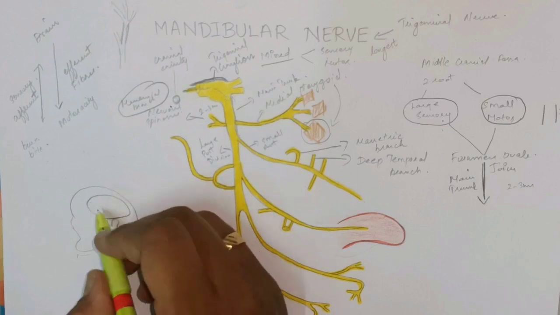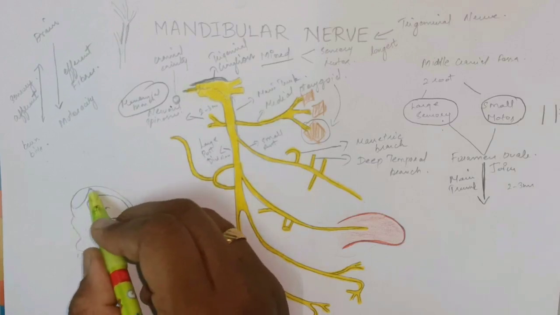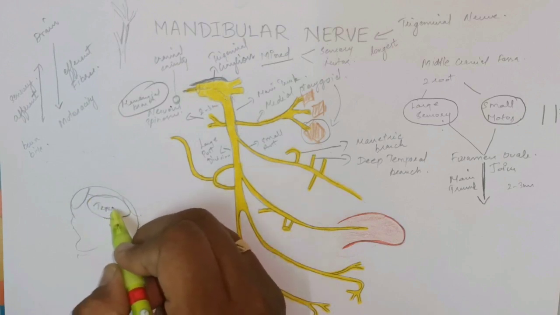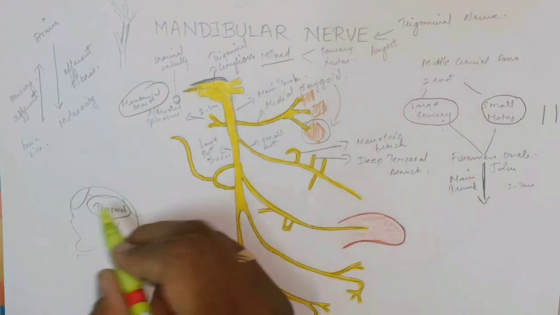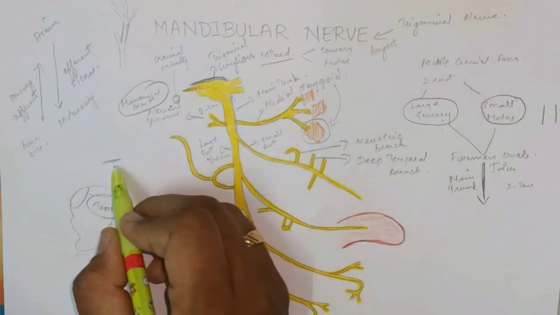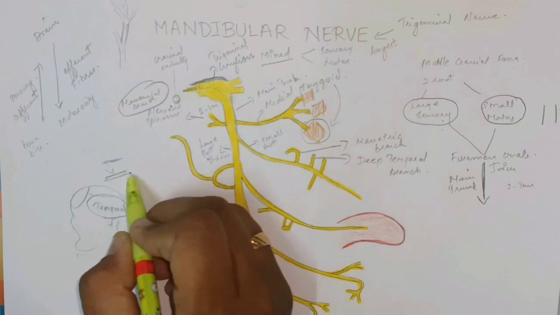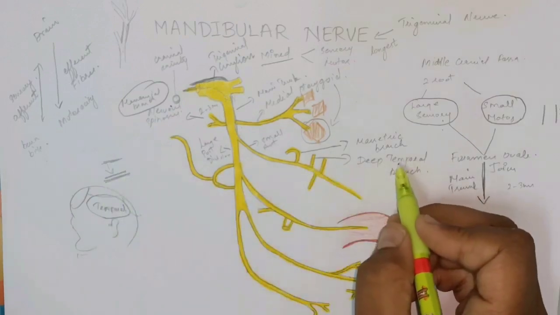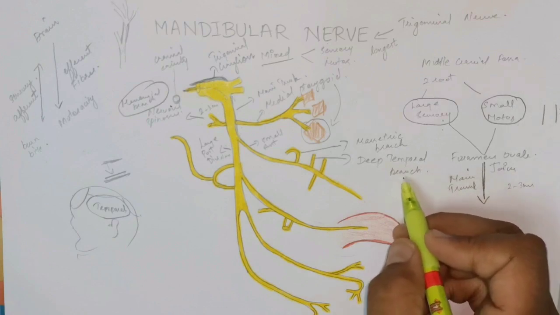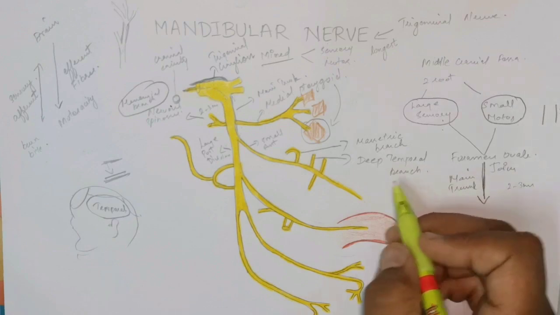This is called the temporal region, and this is your frontal, parietal and occipital region. If it is above, that is the superficial region. Below that you have the deep portion. This deep temporal branch will supply the deep temporal areas.